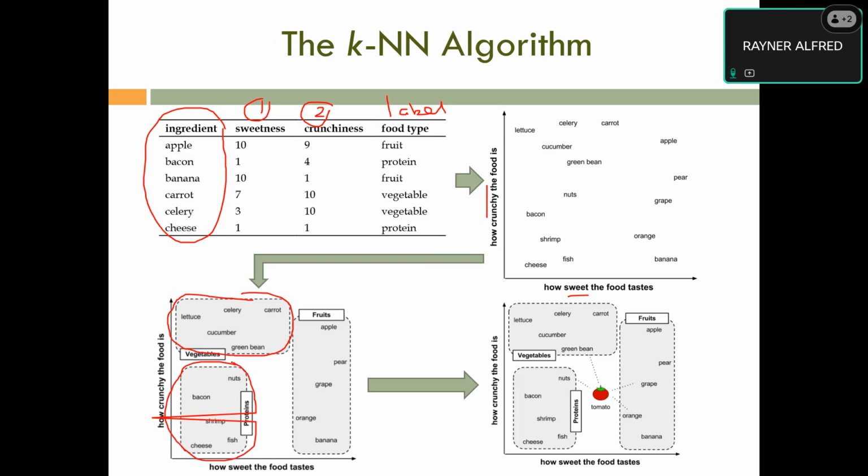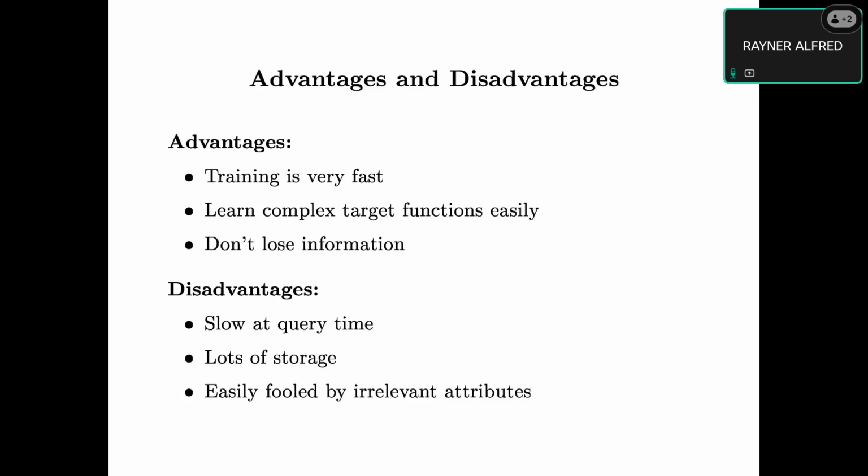The idea now is that if we have a new item here, we need to determine whether this new item belongs to vegetable, fruits, or protein. So how do we measure that? We use Euclidean distance.